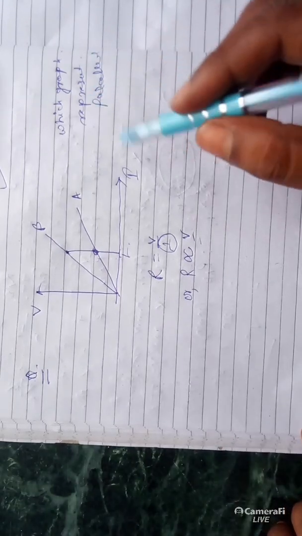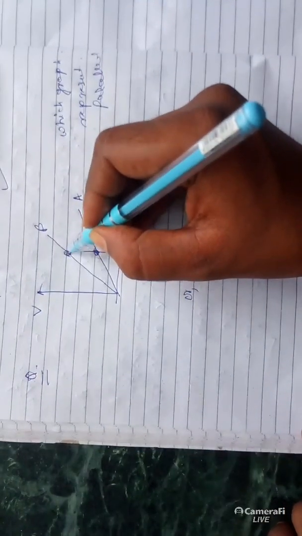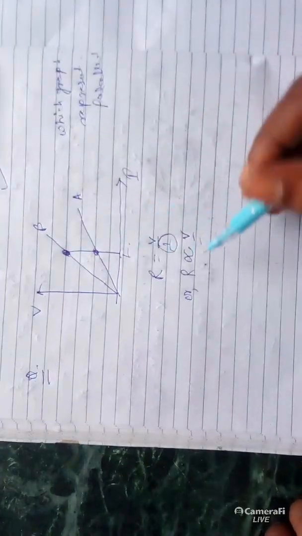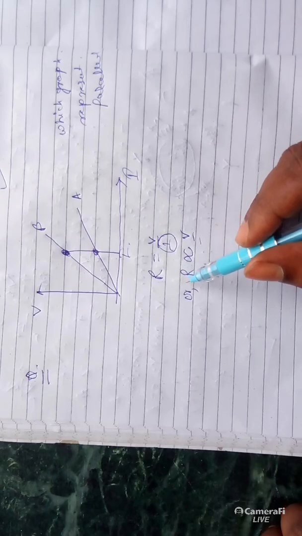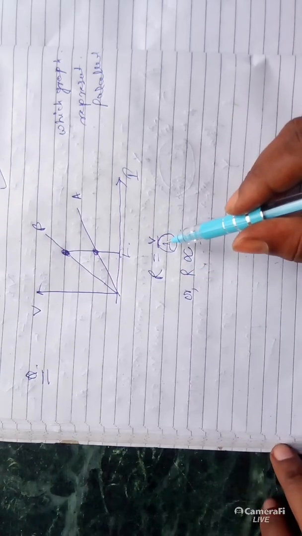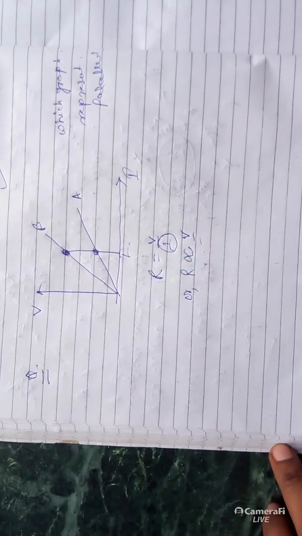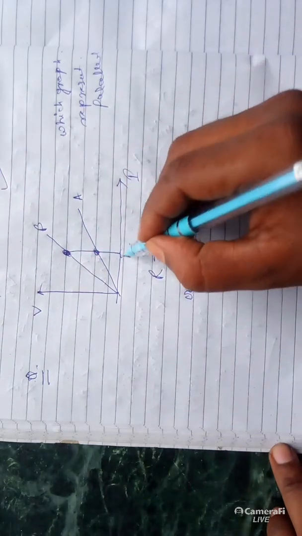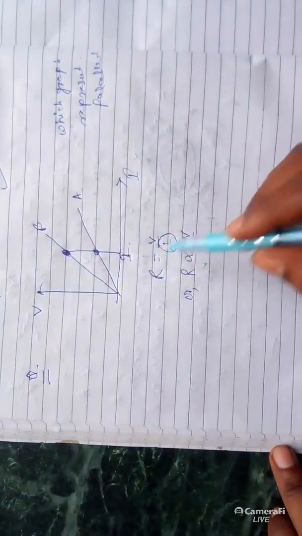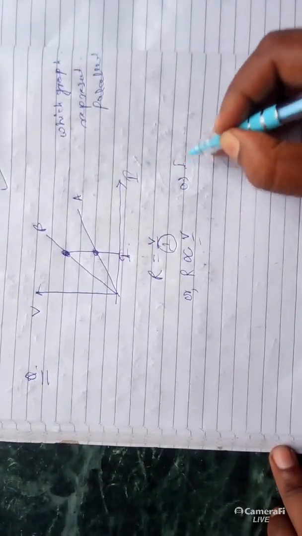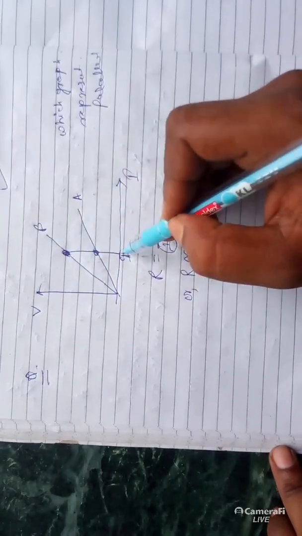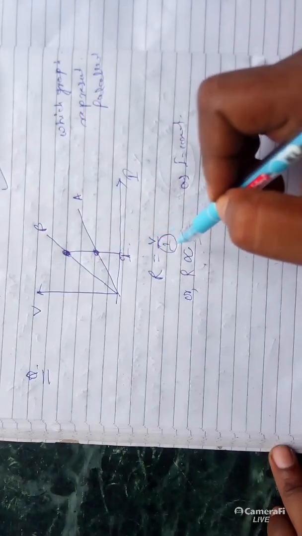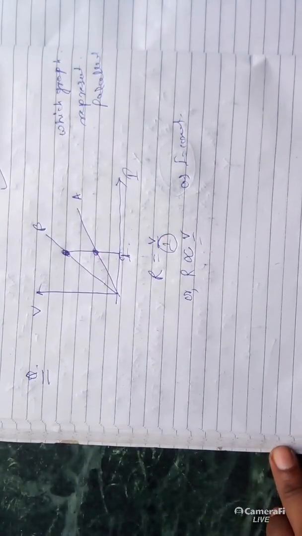Clear? So where the voltage is large, then the resistance is also large, proportional, and if the current is large, then the resistance is less. So as we take the current as constant, you can consider it as I is equal to constant. So for these two graphs the value of current is the same, but the potential is different.